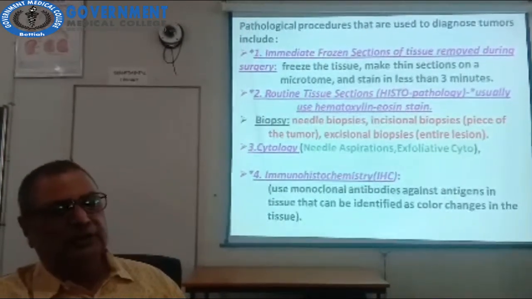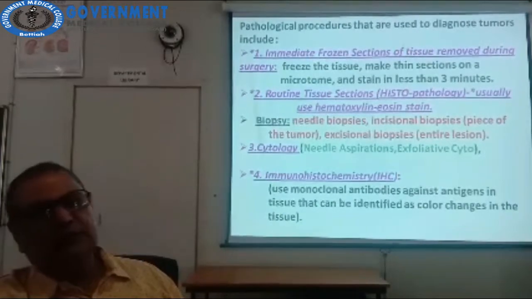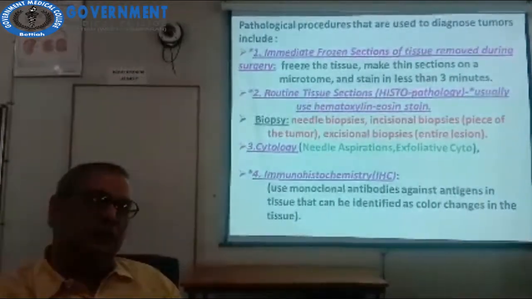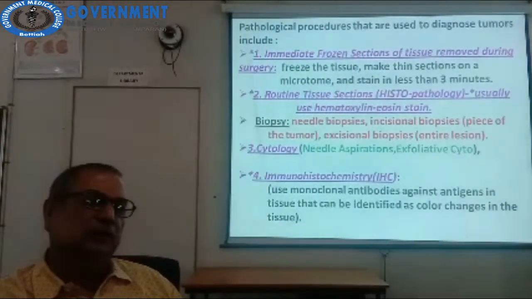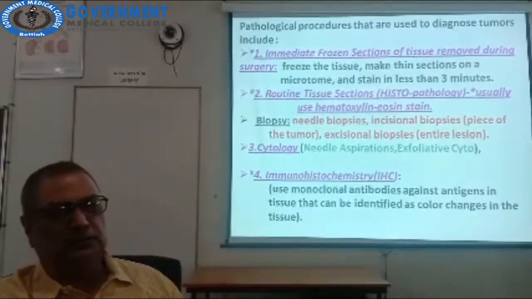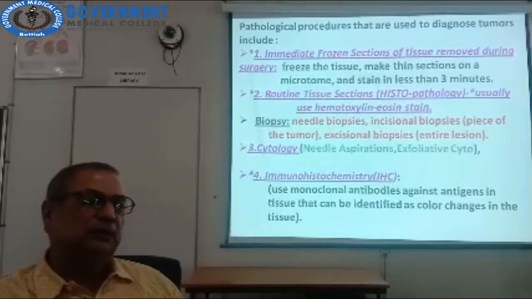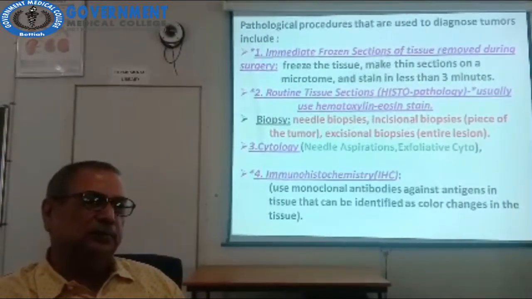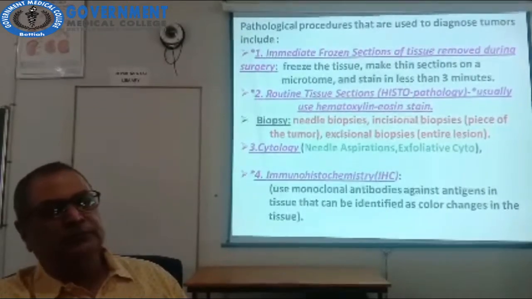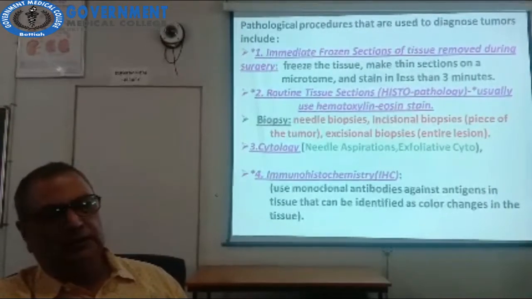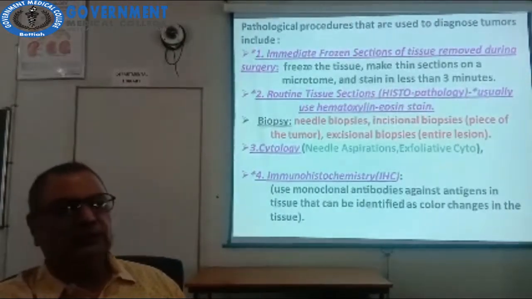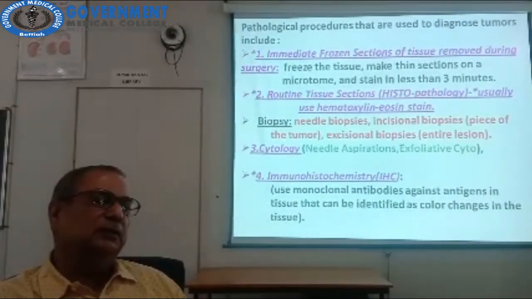Then cross smear cytology and biopsy sediment cytology. So the most commonly used interventional cytology methods are: first, fine needle aspiration cytology or aspiration biopsy cytology; second, imprint cytology; third, cross smear cytology; and fourth, biopsy sediment cytology.